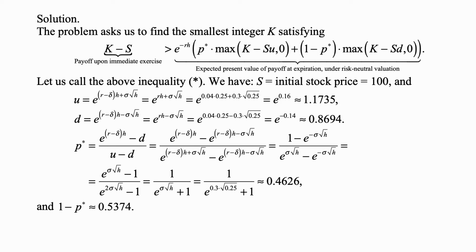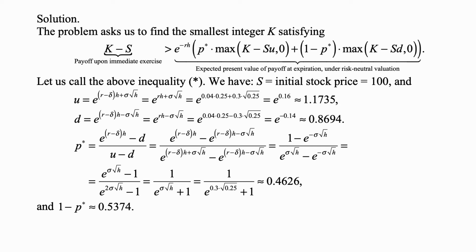by multiplying the top and the bottom by e to the sigma square root of h, and we end up with e to the sigma square root of h minus 1 over e to the 2 sigma square root of h minus 1. Now, of course, e to the 2 sigma square root of h is the square of e to the sigma square root of h, and 1 is the square of 1.